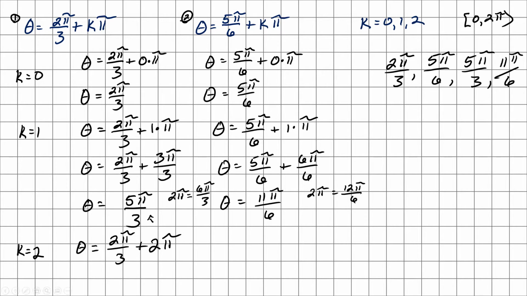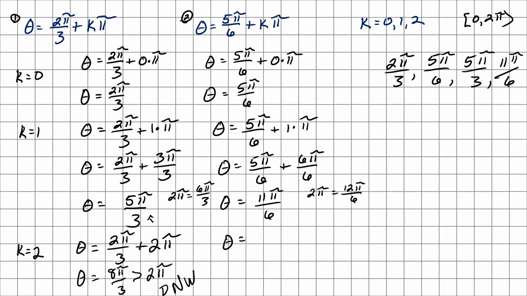So in this case, theta is going to be 8 pi over 3, which is definitely greater than 2 pi, so that does not work.